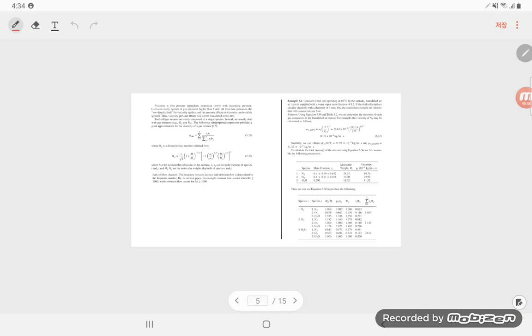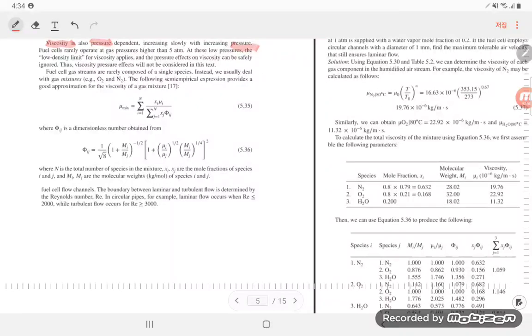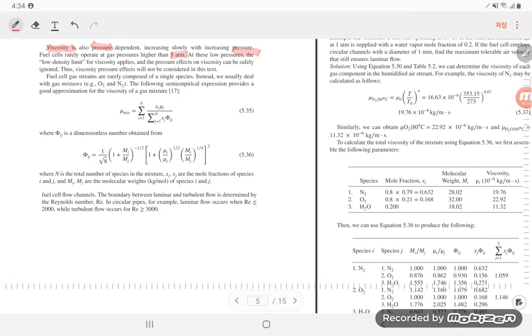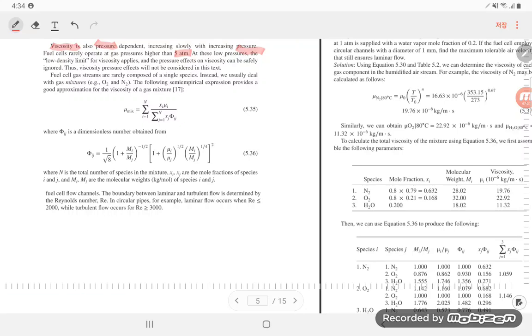Okay, viscosity is also pressure dependent, right? But it increases slowly with increasing pressure. It is proportional to the pressure, but fuel cells rarely operate at gas pressure higher than 5 atm. At this comparatively low pressure, the low density limit for viscosity applies.